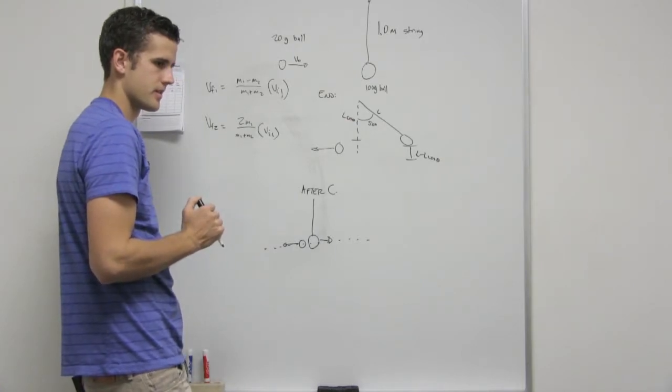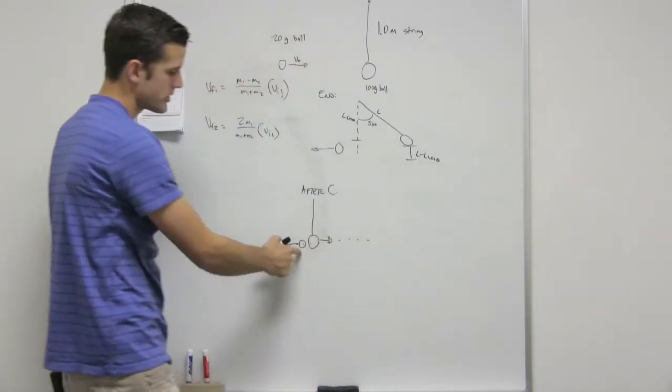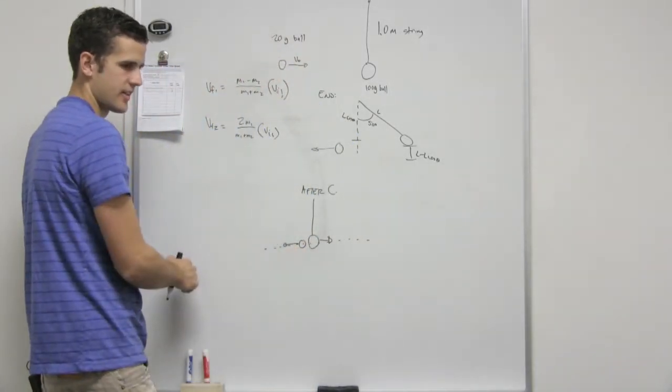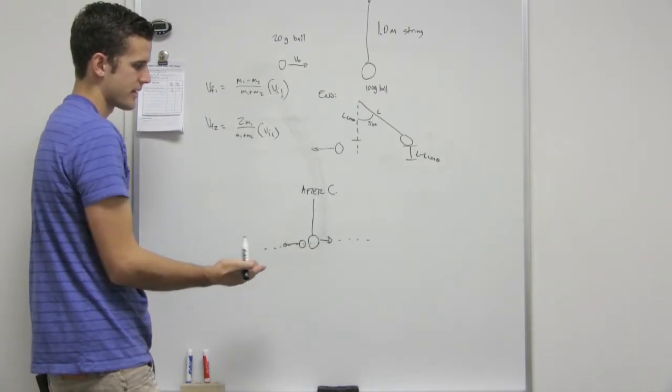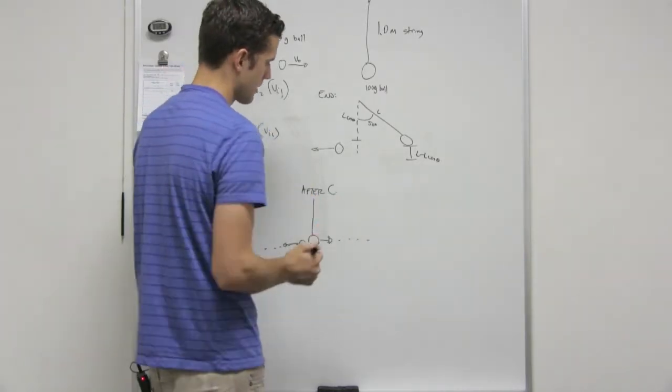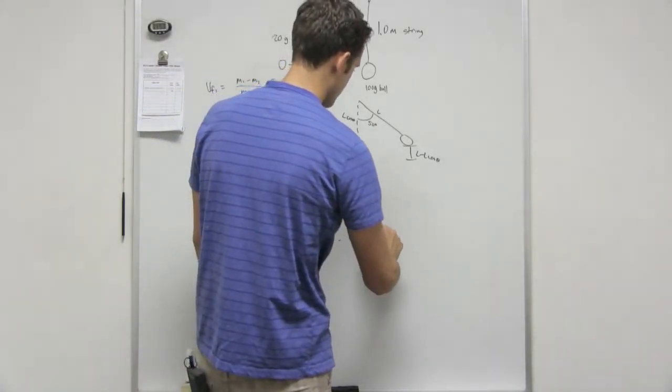Are we too worried about what happens to this ball after it leaves? No, because we don't know where it goes. The only one we know about is this one. So it starts out with just kinetic energy.